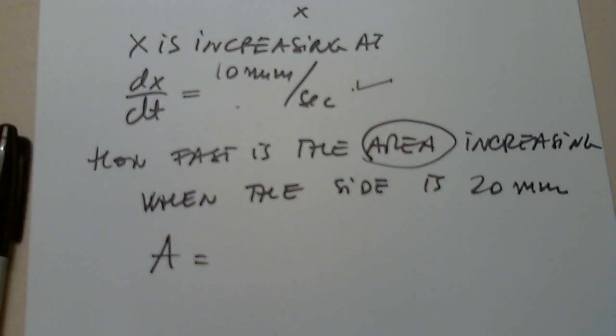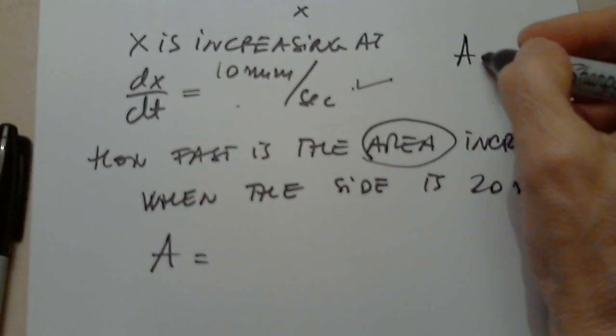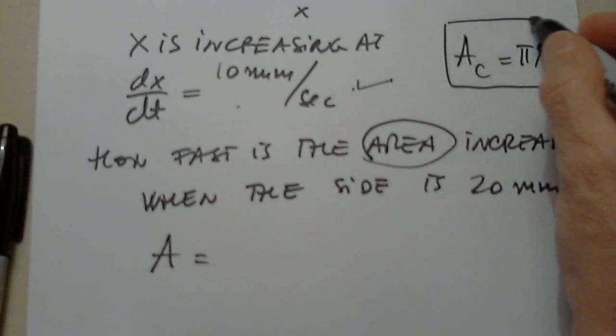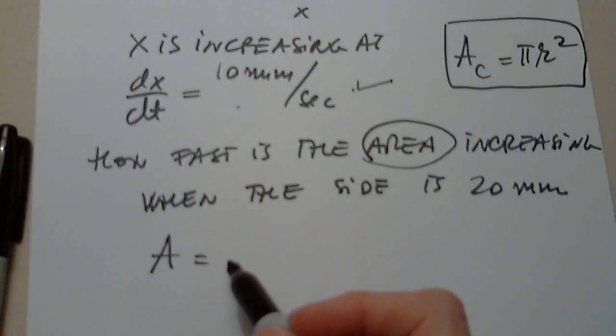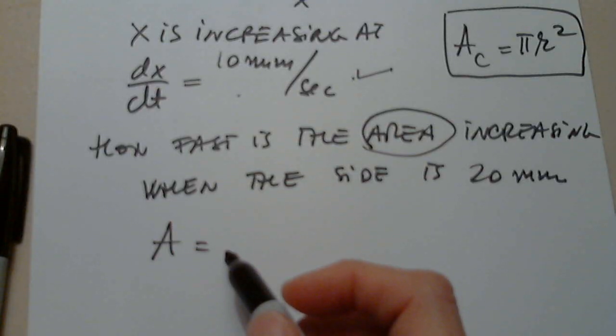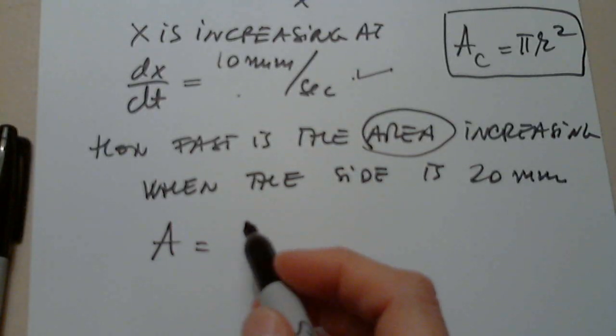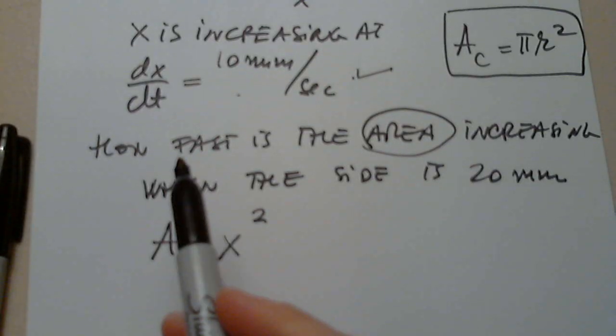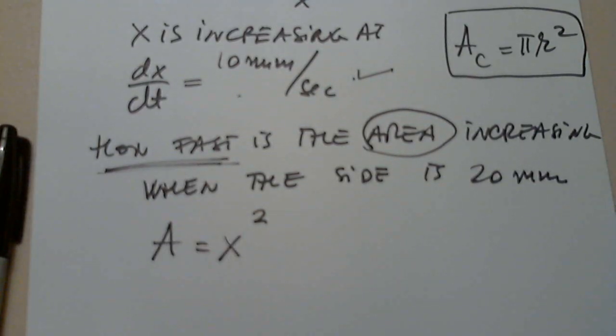Pi r squared is the area of a circle. Times width. Yes, but since they are both the same, length or width squared. Right, so it's x squared. If they are the same, x times x is x squared. Copy the base, add the exponents. Perfect. Now I'm asked to find how fast. What does that mean? What am I looking for?